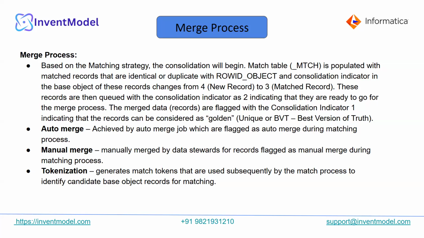And there is also a tokenization process involved in match and merge. Before this, the tokenization process is basically for the fuzzy match. When we trigger the tokenization, it will look for the probabilistic match candidates and generate the MTCH table where the data will be stored.